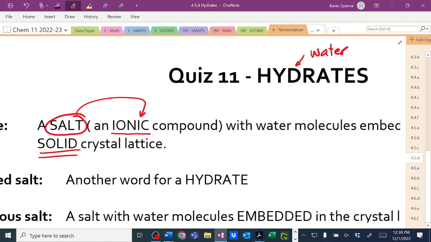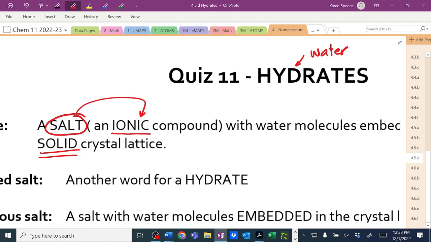Do you see how there's space? In here, there's empty space, I can fit my whole hand in there, right? Water is a little teeny tiny molecule. It can actually, for some ionic compounds, slot itself right inside those spaces.